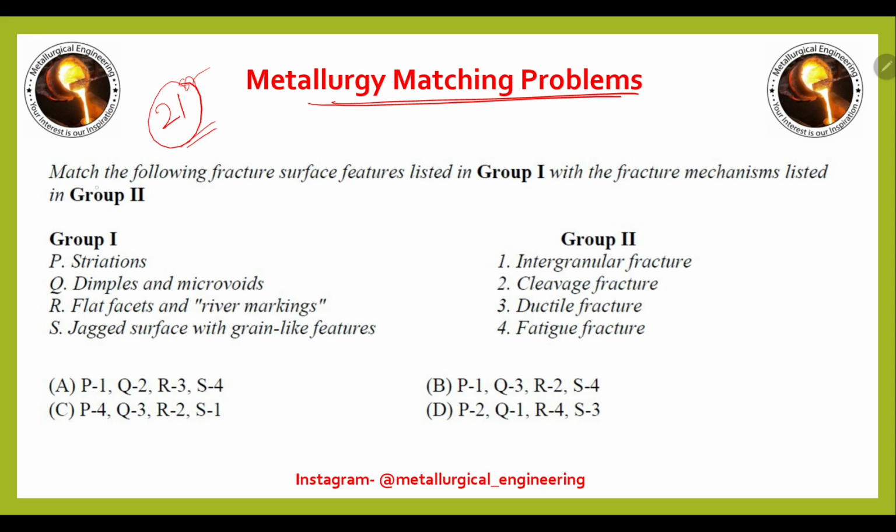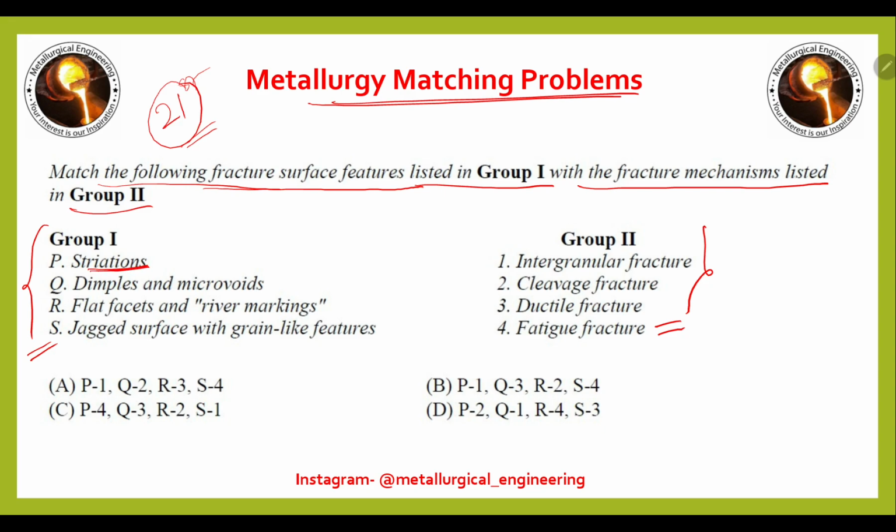In this matching problem, match the fracture surface features listed in group first with the fracture mechanisms listed in group 2. So these are the fracture mechanisms. Striations are especially found in fatigue fracture.